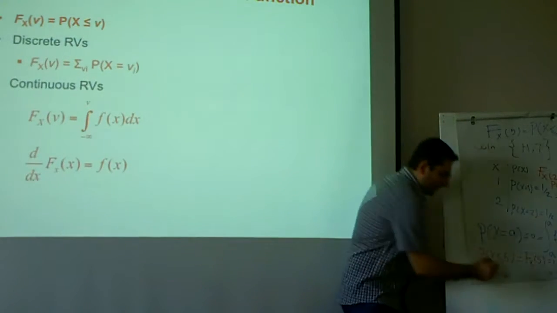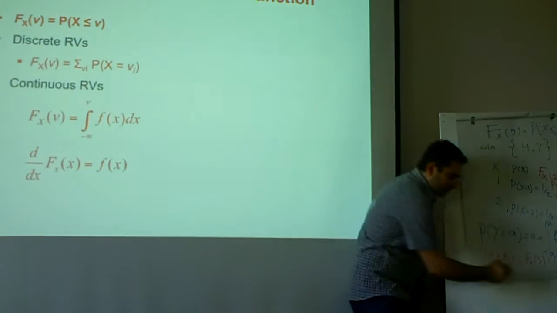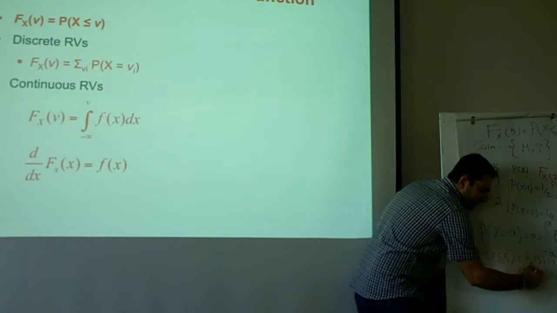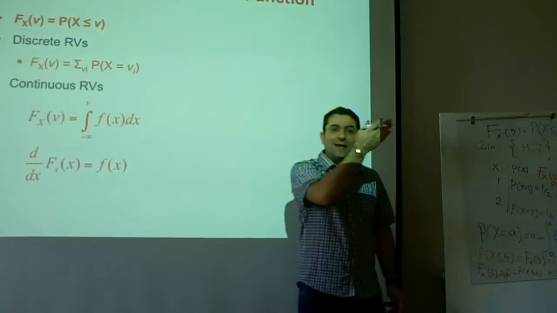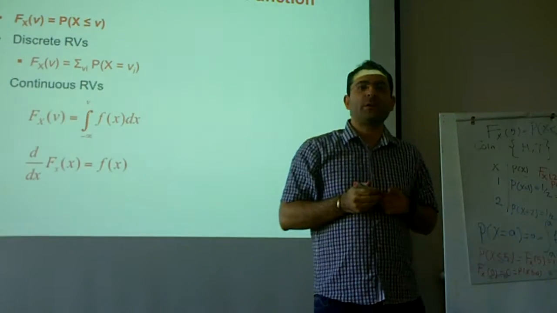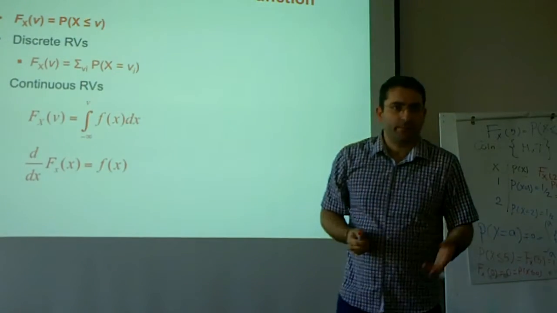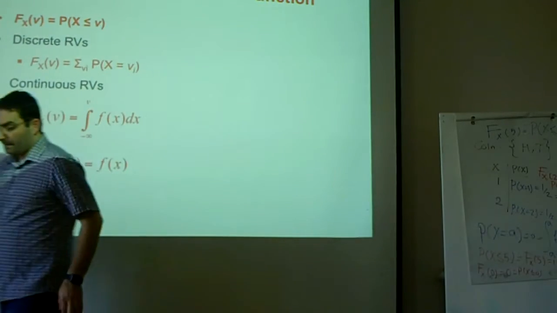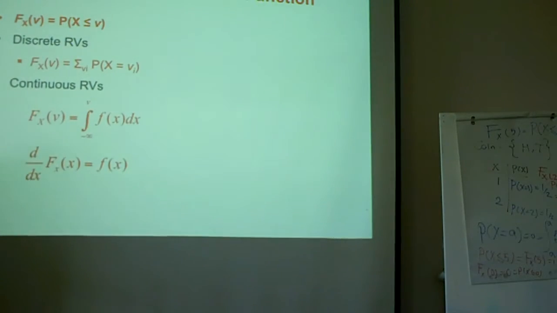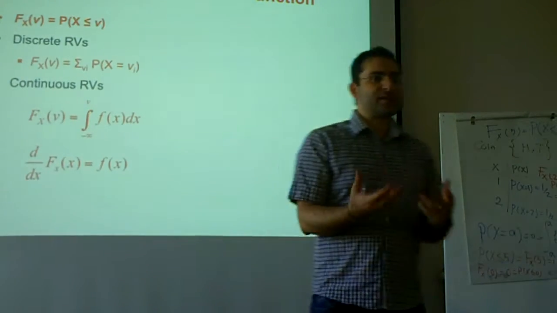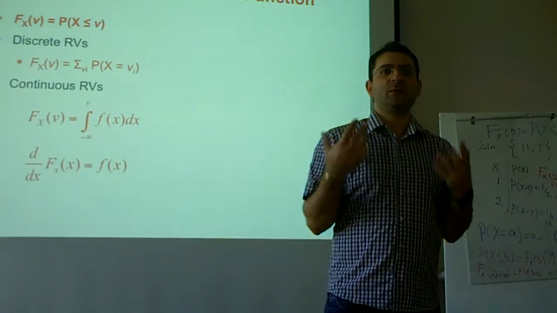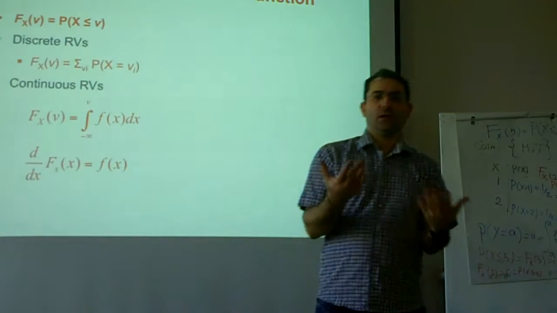It's 0, because it is the probability of x being less than or equal to 0. We know that x is 1 or 2. Less than that is impossible. And what is the probability of impossible? 0.